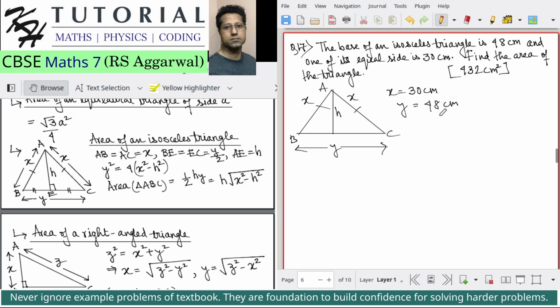So we have the formula, as you can see on the left hand side, y square is equal to 4 into x square minus h square. From here, since we know y and x, we have to find h.